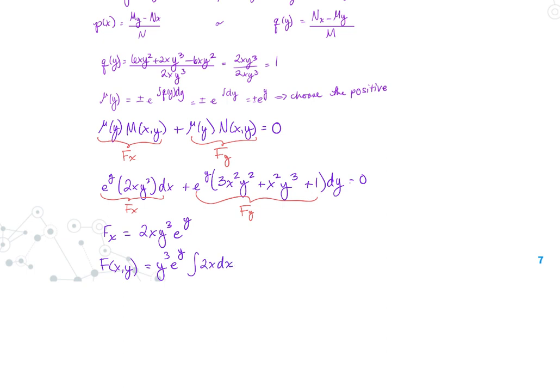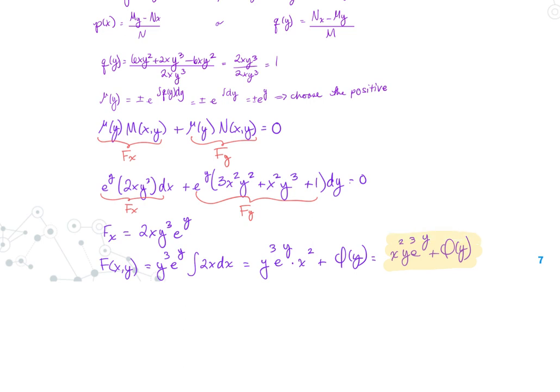The integral of 2x is just x squared. So I have y cubed e to the y times x squared plus some unknown function phi of y, that could have been there because its partial derivative with respect to x would have been 0. It's like our constant. So we end up having x squared y cubed e to the y plus phi of y is now equal to our f of xy. So we're looking here.